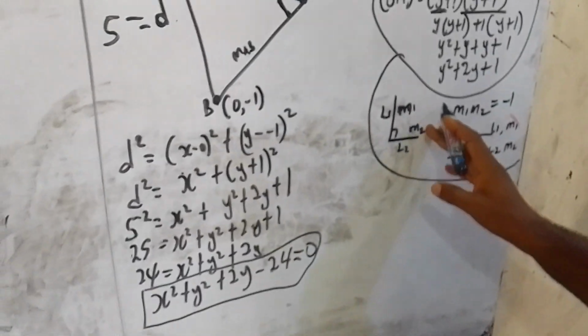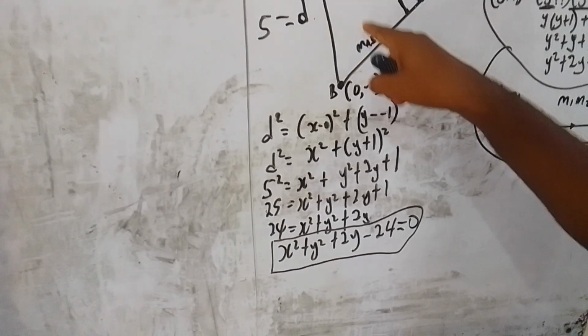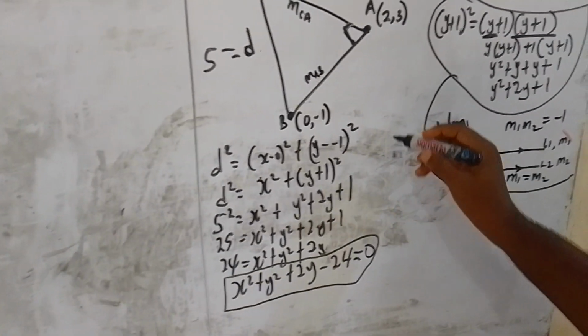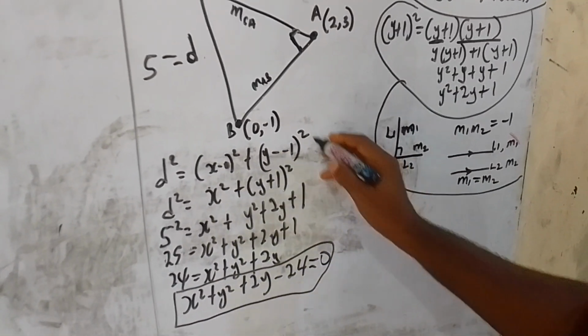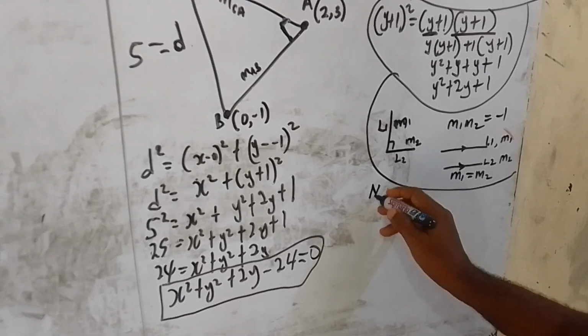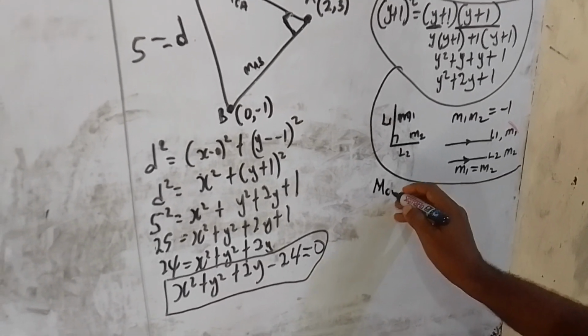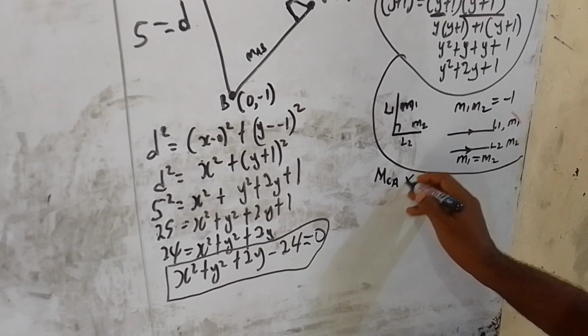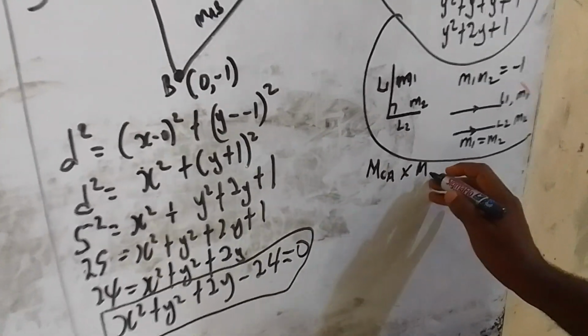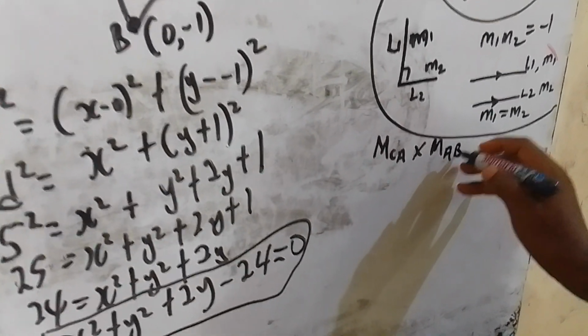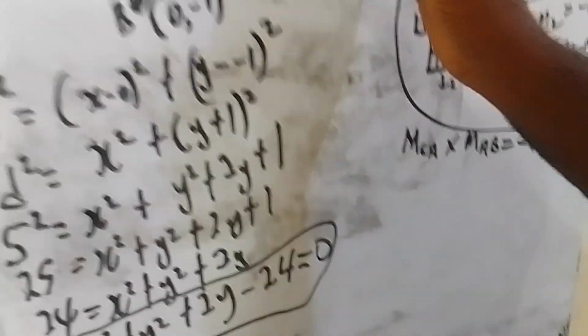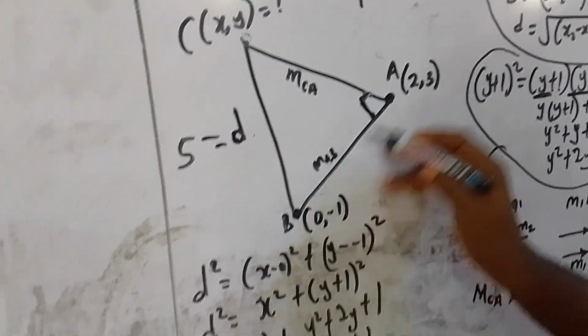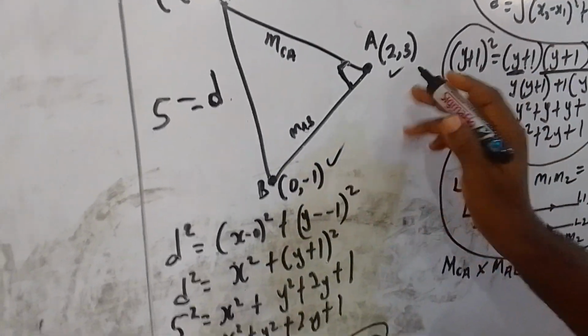So with this background, we know that the relationship between these two is this: the product of those gradients, that means gradient of line CA times gradient of line AB, must be equal to -1. Now I can find the gradient of line AB because I know these 2 points already.